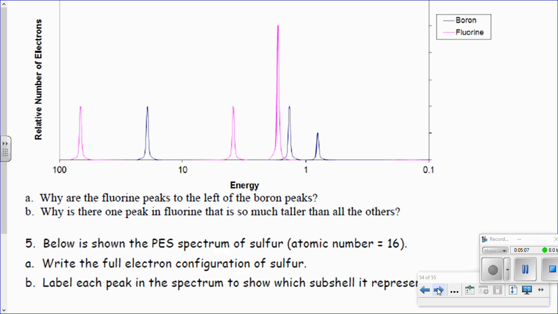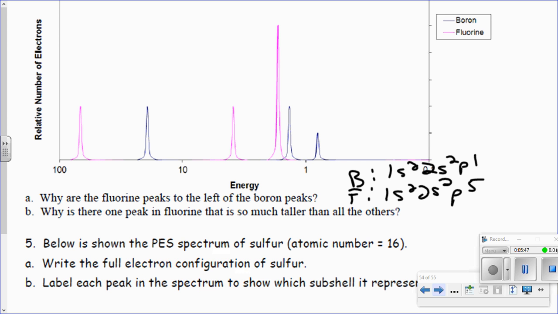Oh, one more. Why are the fluorine peaks to the left of the boron peaks? So here's fluorine in pink and boron's in purple. So if we take a look at boron and fluorine, this is 1s2, 2s2, 2p5, and boron is 1s2, 2s2, 2p1. Now, why would all the peaks of fluorine be to the left?